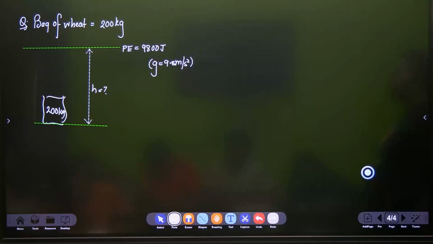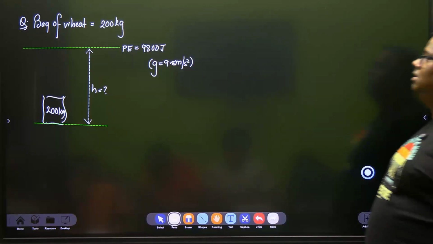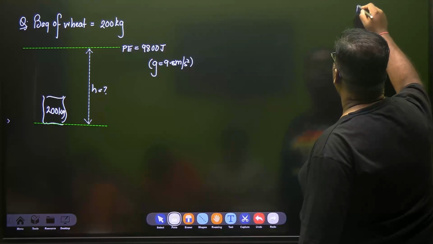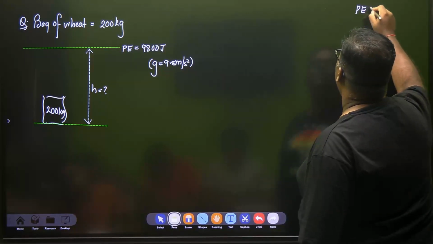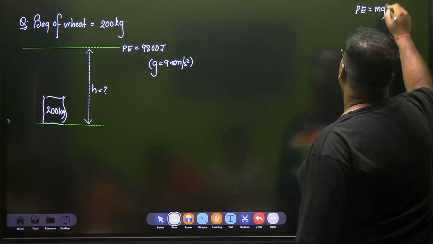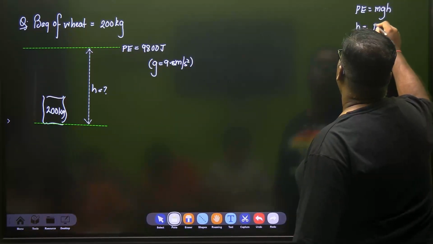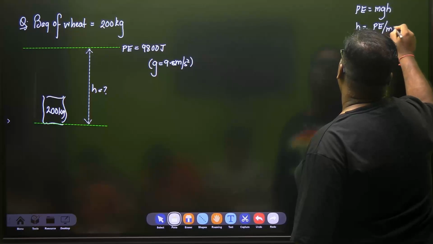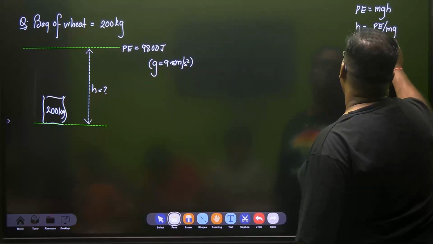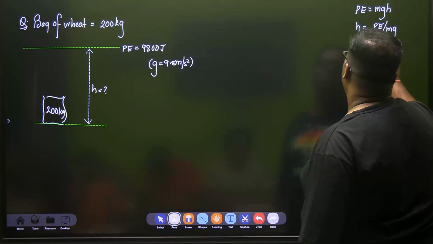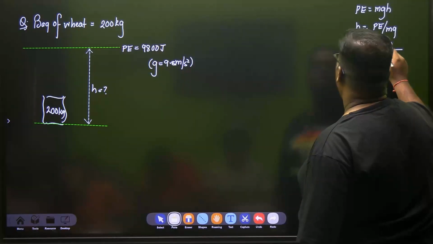So to what height should it be raised? What is the value of P? कर सकोगे कि नहीं? P's formula is mass into G into height. The P value is already given. So height is equal to P upon mg. What is the P? 9800 divided by m. M is how much? 200 kg.